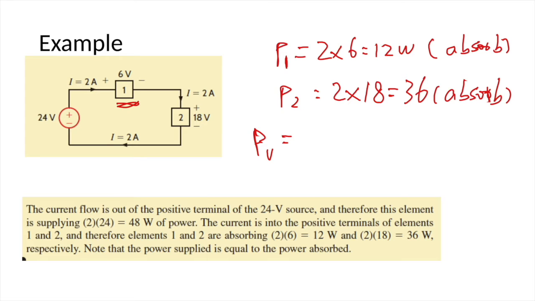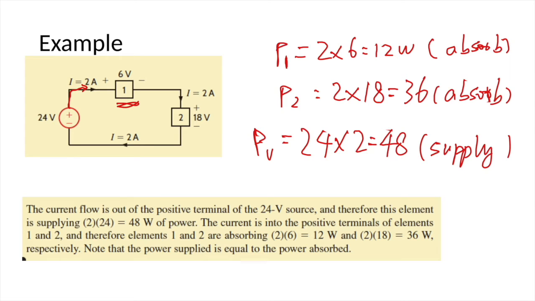The reference direction of the current is flowing out of the positive terminal. So the power is 24 times 2 equals 48 watts. It's a positive value, but with the active sign convention, that means it is supplying power.